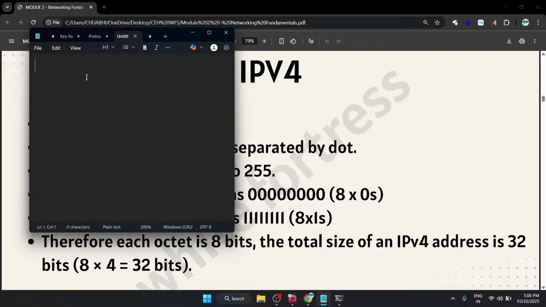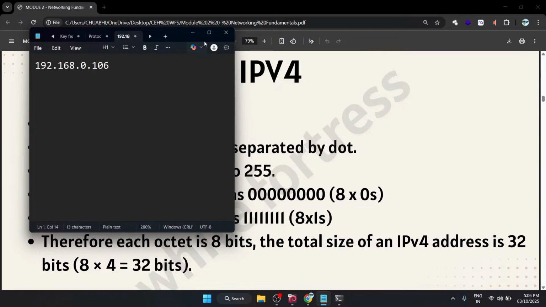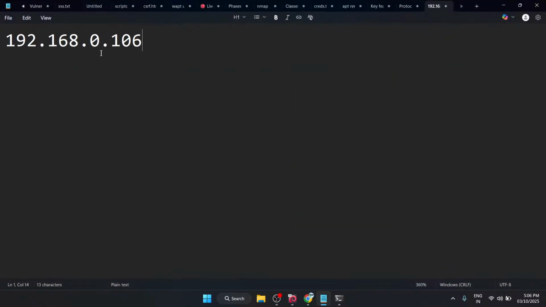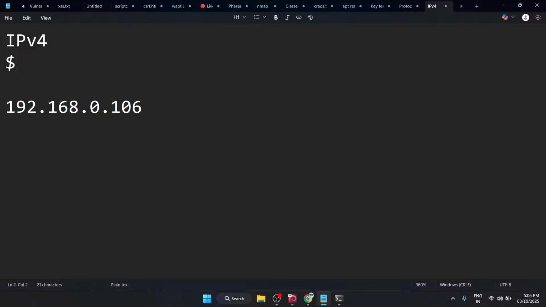Now I'm going to copy my IP for better understanding. Your IPv4 has 4 octets. IPv4 means Internet Protocol version 4, and it has 4 octets.